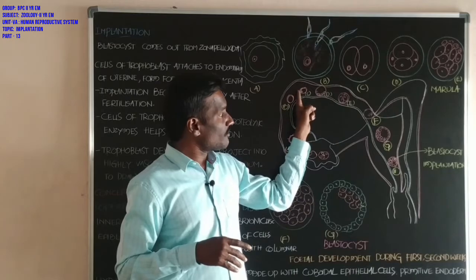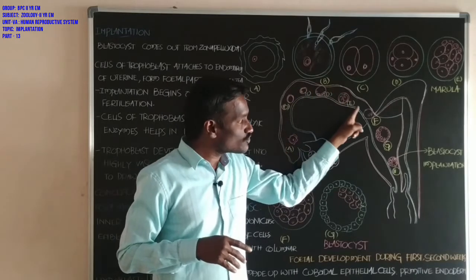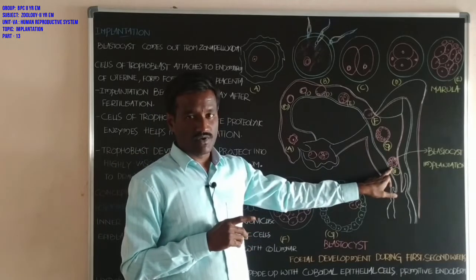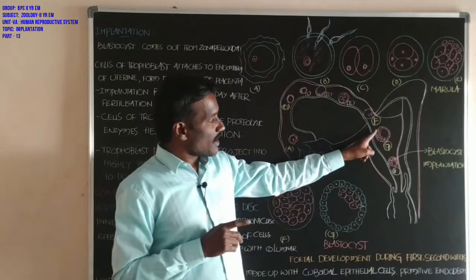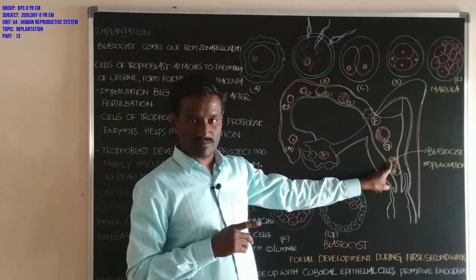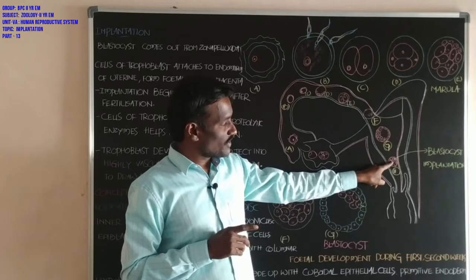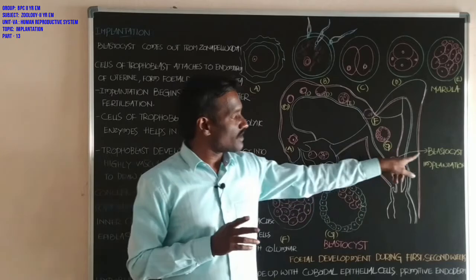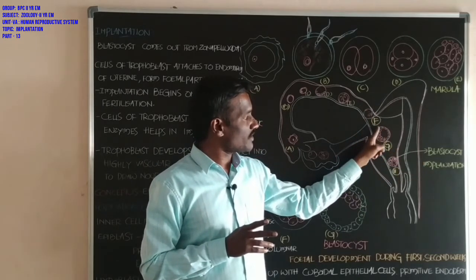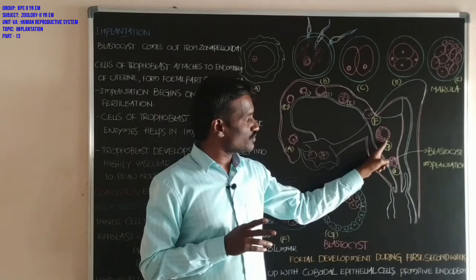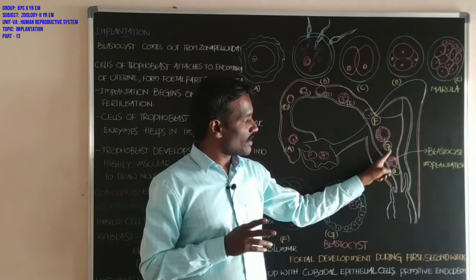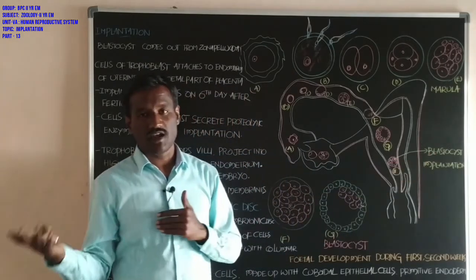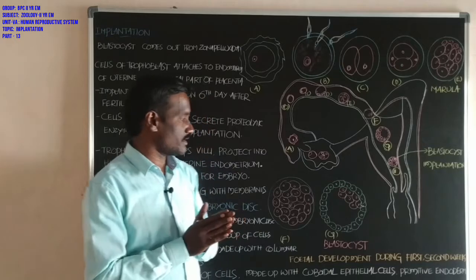The morula, or the developing embryo, slowly goes towards the uterus wall. After the formation of the blastocyst, it implants to the uterus wall, and the blastocyst takes another action that is called implantation.